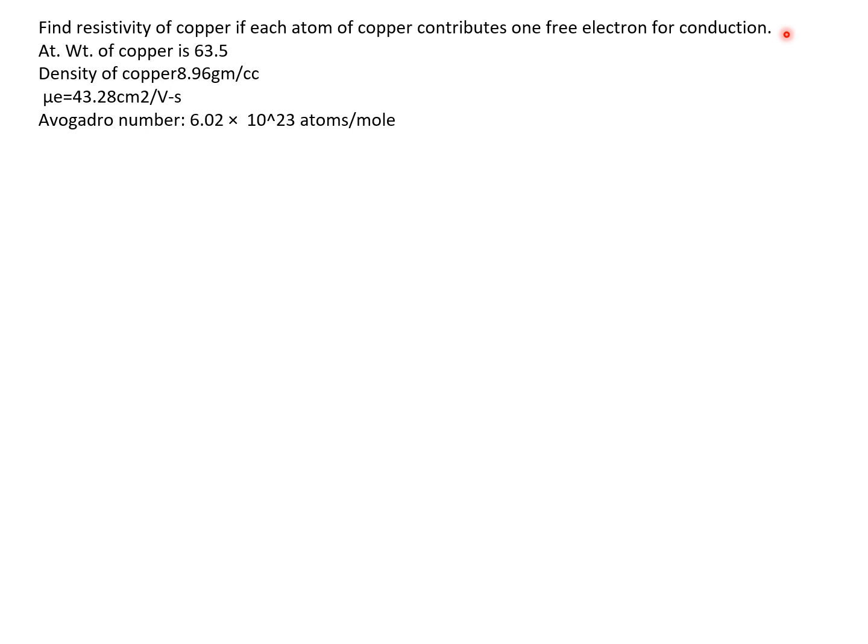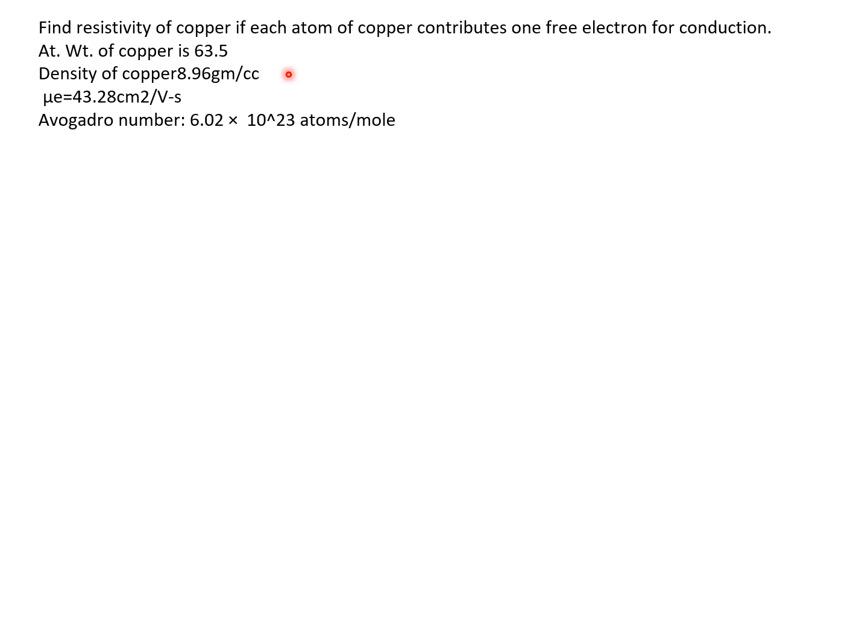So if we have to calculate number of free electrons per unit volume, we need to calculate number of copper atoms per unit volume. So if we need to calculate number of copper atoms per unit volume, then we will need atomic weight of copper, Avogadro number, density of copper.